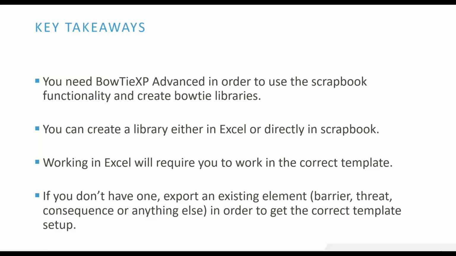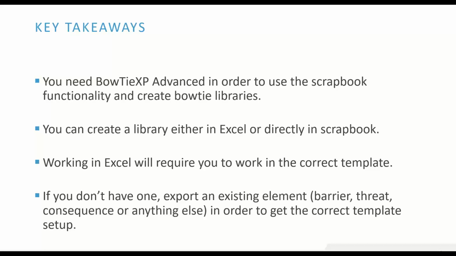The third one is, of course, that working in Excel will require you to work in that correct template. So make sure you don't leave items or columns out which might be relevant. Usually, if you don't remove the first 2 or 3 columns, which are the entity and the name, you should at least have the minimalistic amount of information in it.